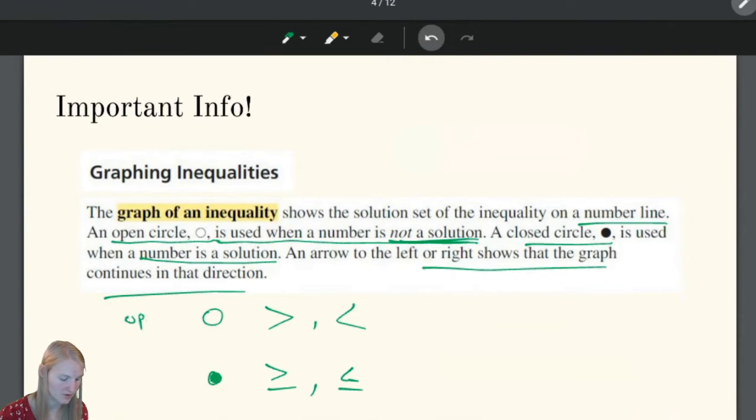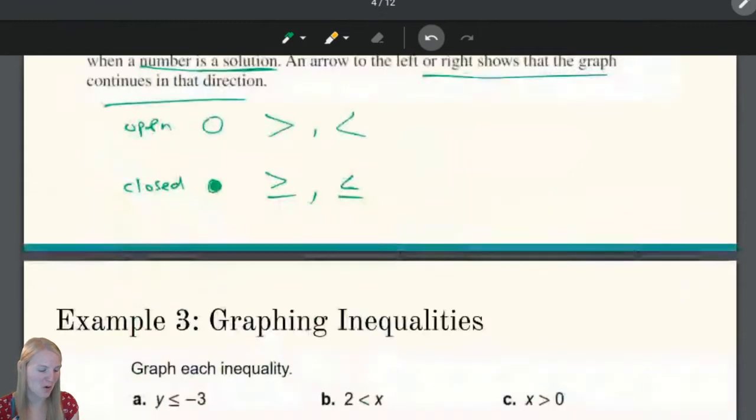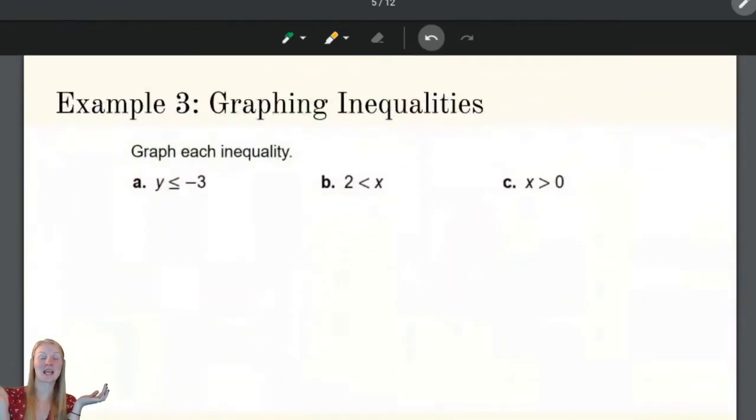That "or equal to" guarantees that your last number will be a solution. If that's confusing right now, don't worry, I'm going to show you more in our first example.